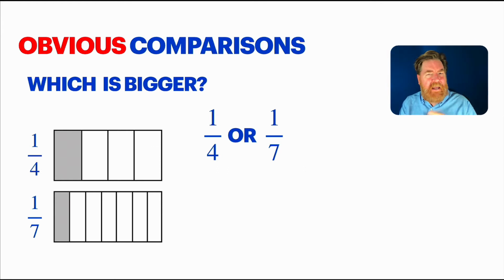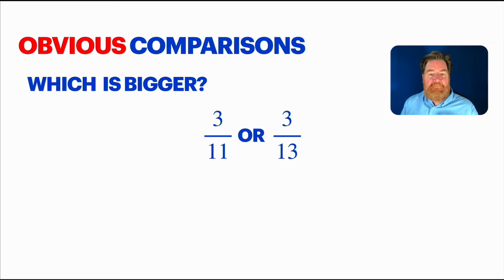If you're sharing a candy bar amongst 4 friends, you're going to get a little bit more than if there were 7 friends. Everybody's got to get a smaller piece. Making sense? So be careful with the denominators. I know 7 is bigger than 4, but a 4th is bigger than a 7th. And that's what's going on here. All right? So 1/4 is bigger.